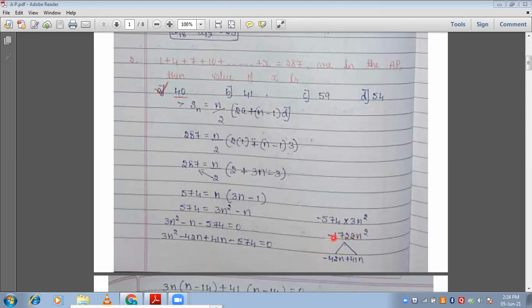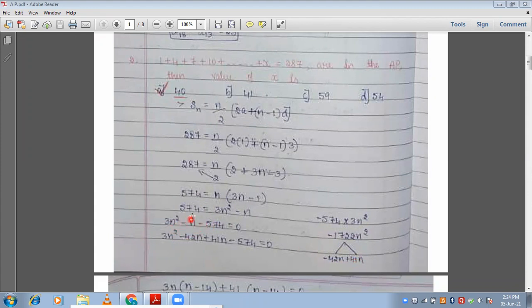Now split this term as 42 into 41. 42 into 41 is 1722. Plus into minus, minus 42n plus 41n gives minus n.